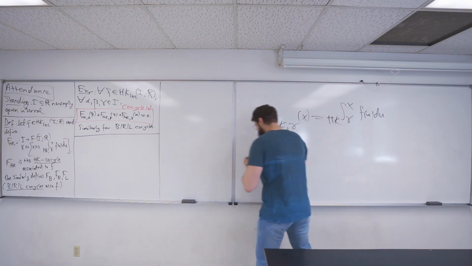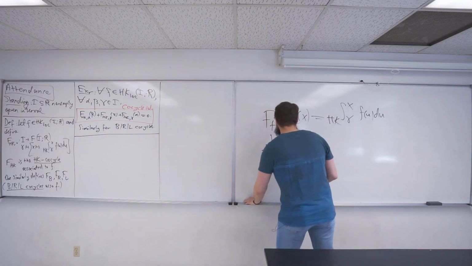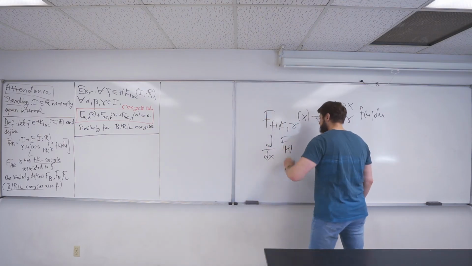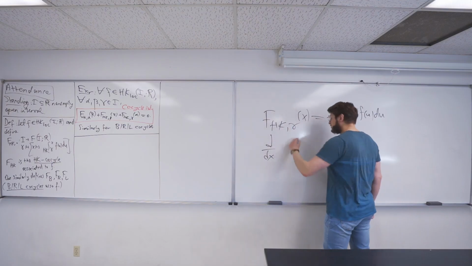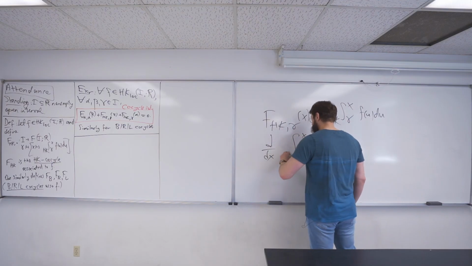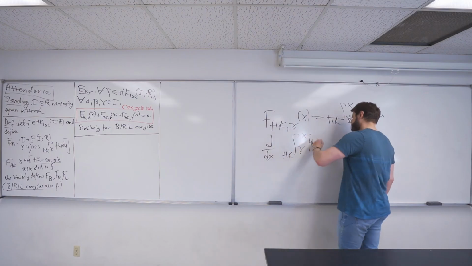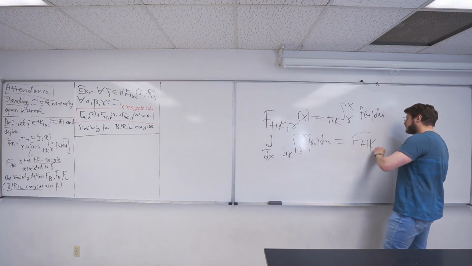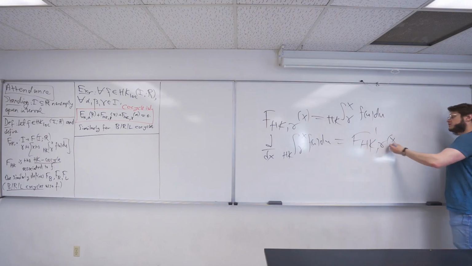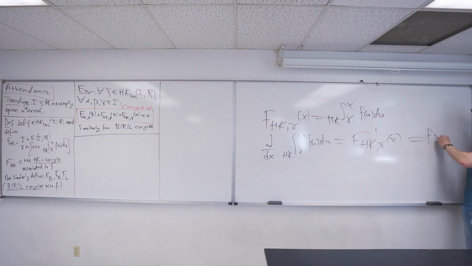Right, so maybe I should write it like this. Well, the derivative of this integral is the same thing as capital F sub HK gamma prime of x. Well, I would want this to be equal to lowercase f. That's what I would want.